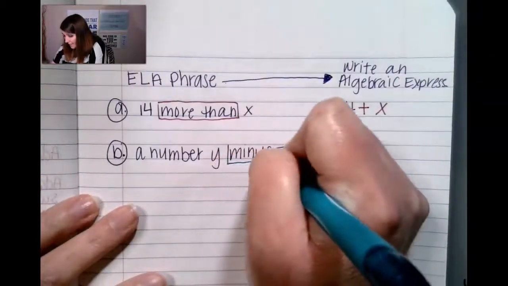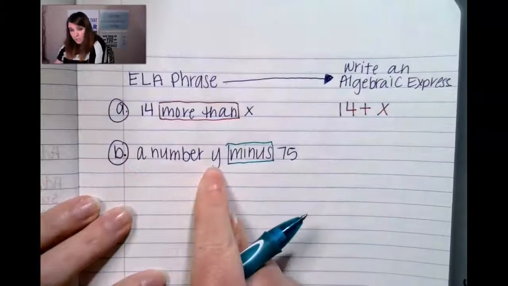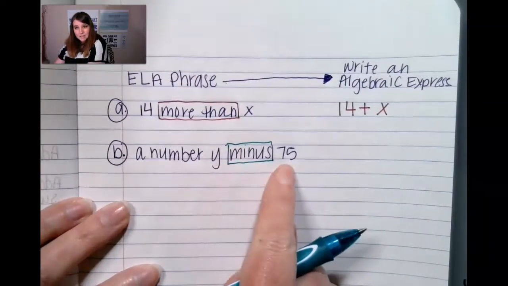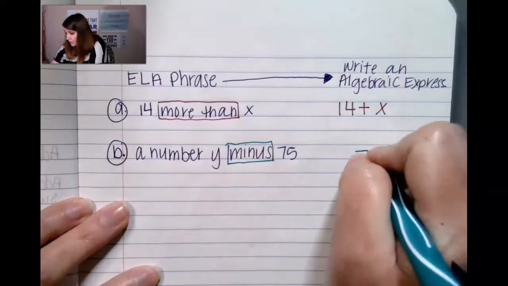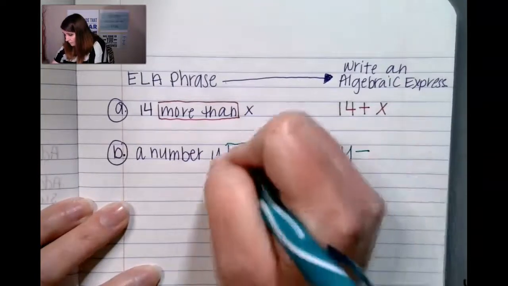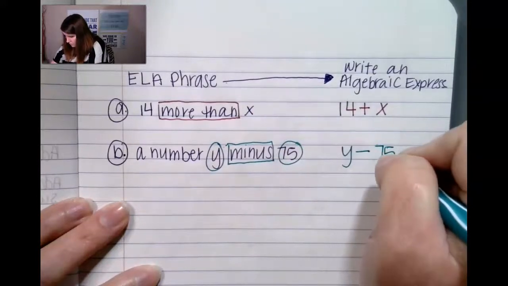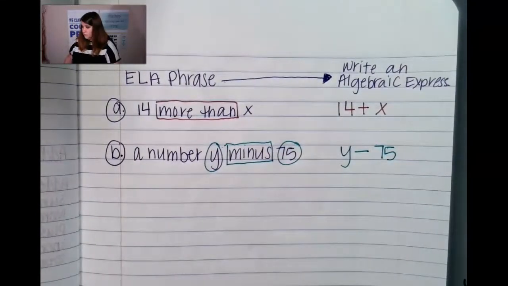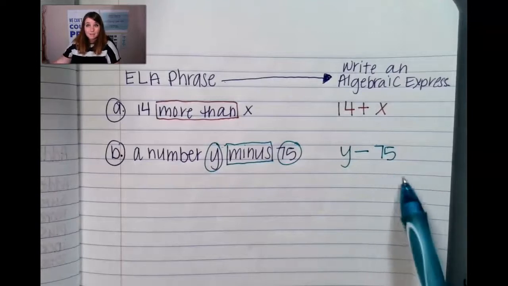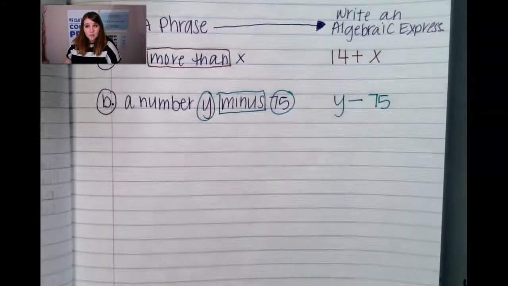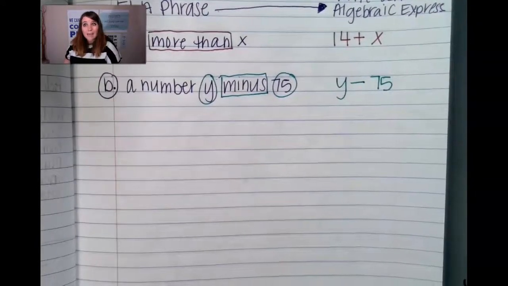And it says some number that we're using Y, so some number called Y, minus 75. So I know that it's Y and 75. Y minus 75. I'm subtracting those two. I'm done. I'm not solving anything. I'm just writing a sentence.